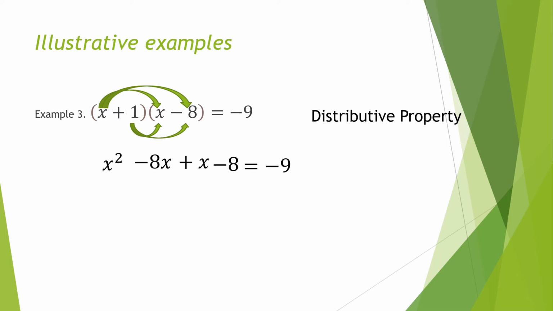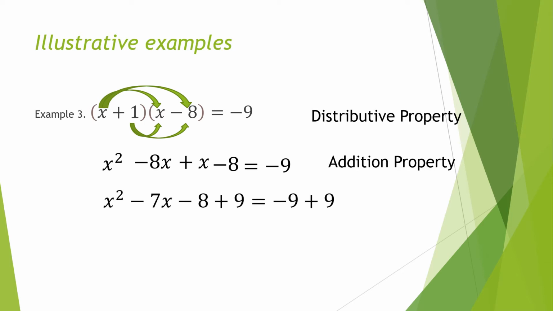To make one side of the equation 0, we will apply the addition property. So negative 9 plus 9 is equal to 0.